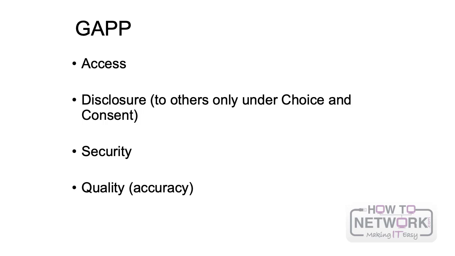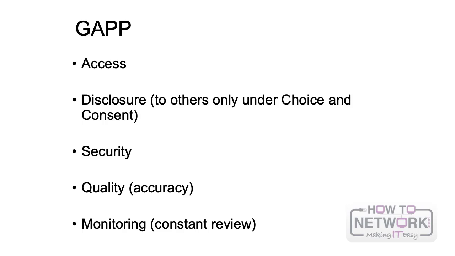Also, the accuracy of the data. It is a good practice for an organization to guarantee that the data being stored is accurate, that it's not going to be changed or altered. And obviously, there must be a constant review of these other 9 practices.